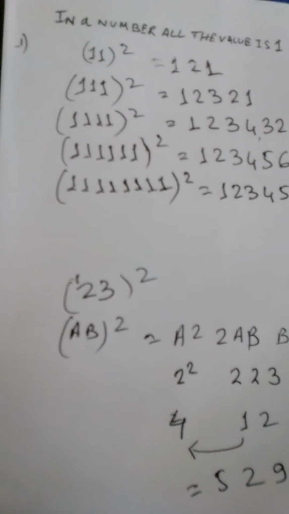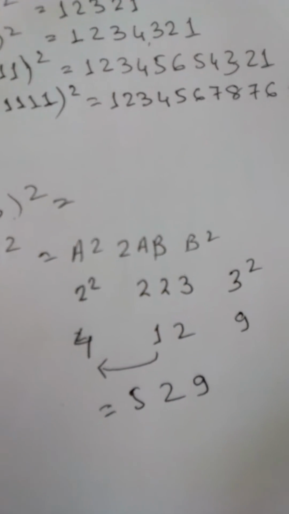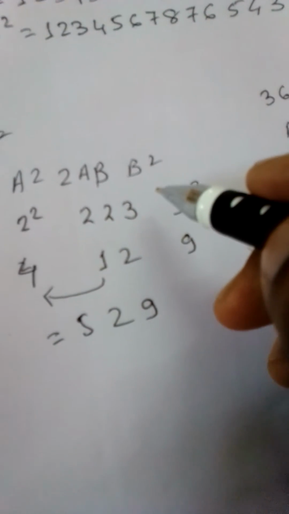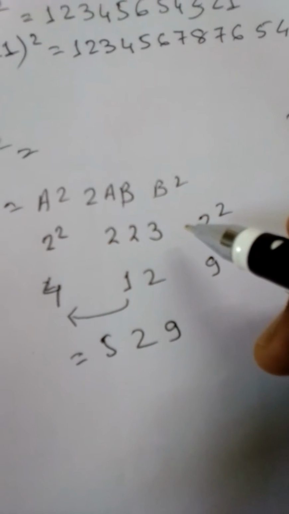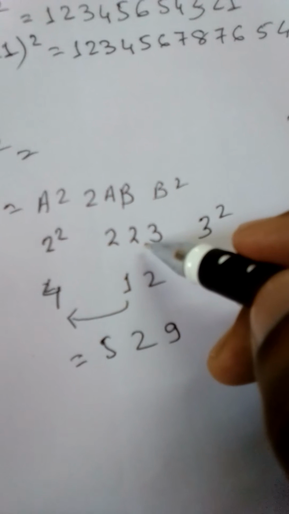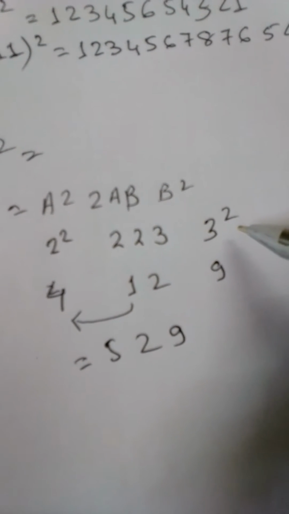So take an example of 23. Where 23, we will write 2 square, then 2 into 2 into 3, meaning 2a into b, and then b square, that is 3 square.